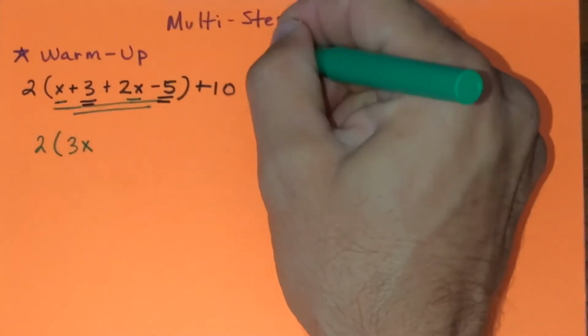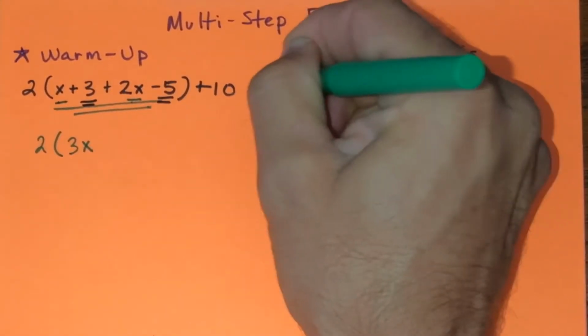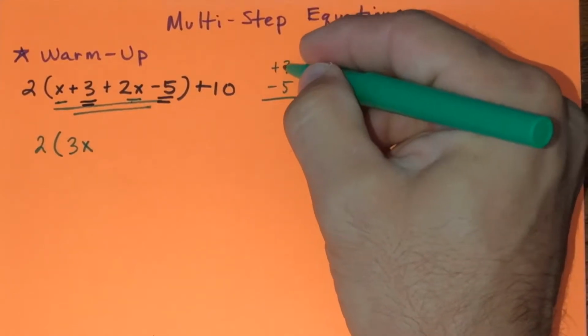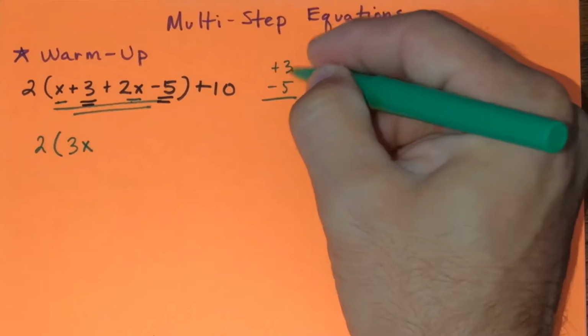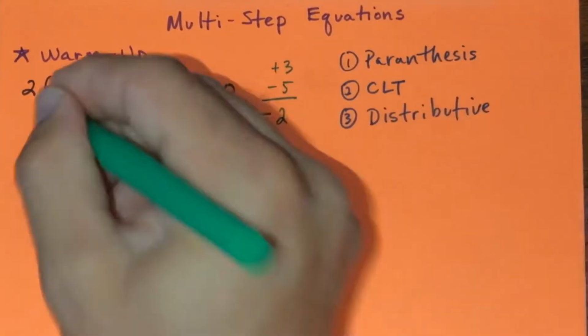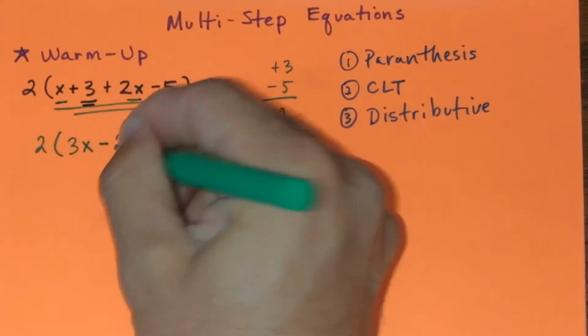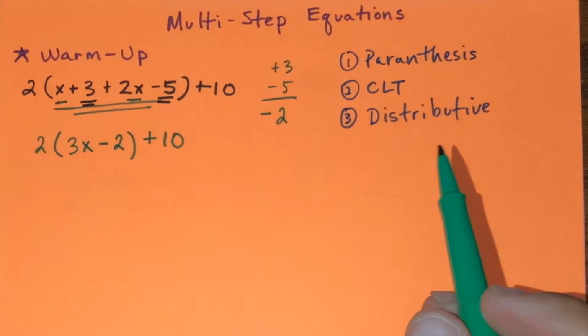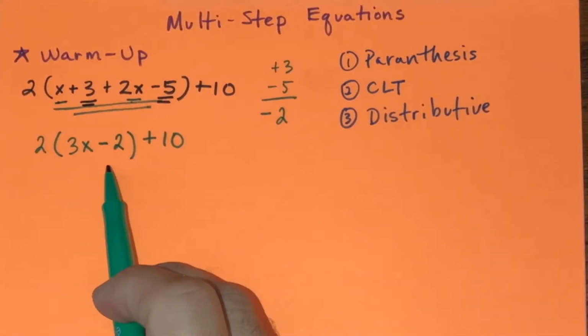It's just like doing +3, -5 in a column. If you have different signs, what's the difference? The difference is 2. And we have more of a negative number, so that ends up being a -2 plus 10.